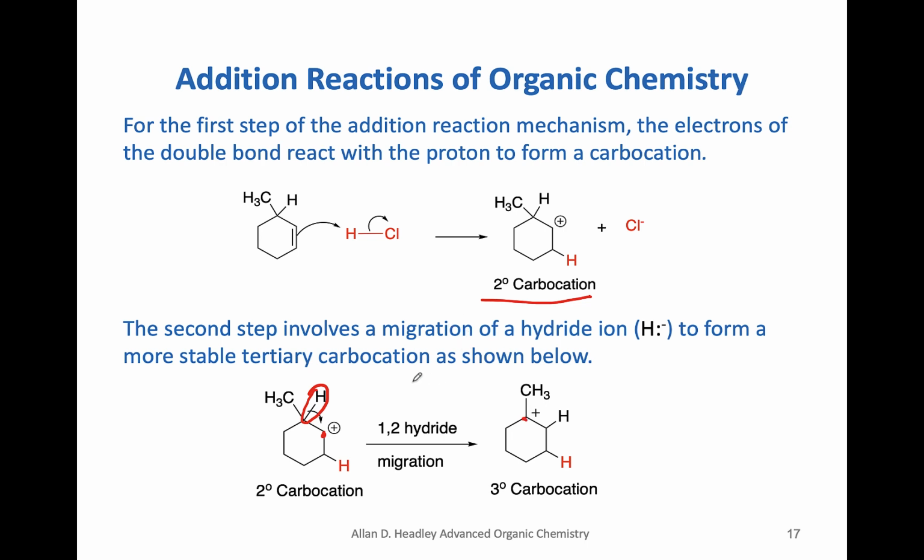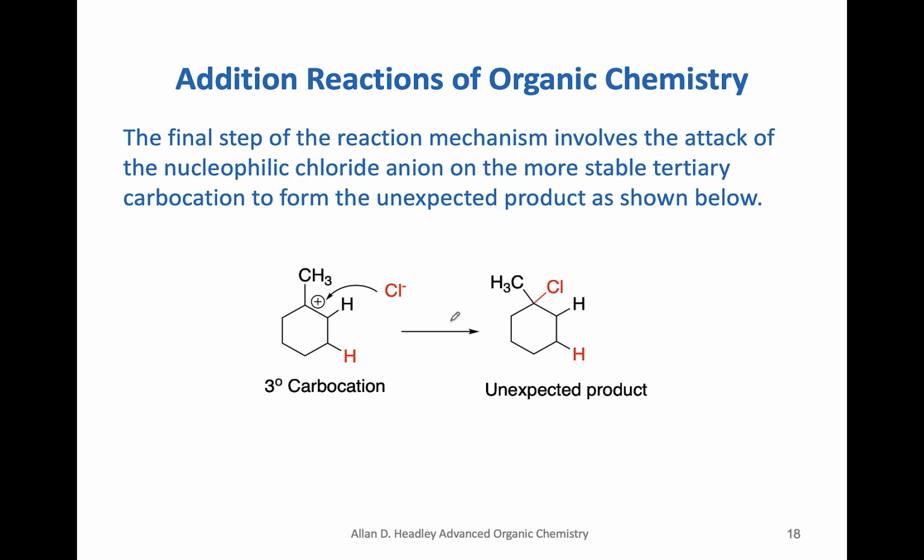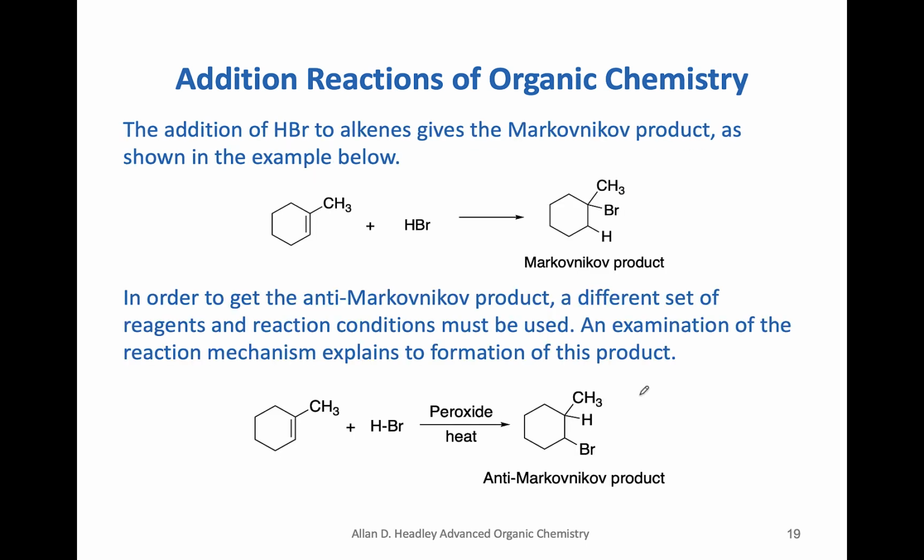You will recall from previous lectures, this is called a 1,2 hydride shift. Why hydride? Because we're moving H with its bonding electrons and leaving behind a carbocation. And of course, what happens next is the nucleophilic chlorine attacks this carbon to give this as the unexpected product. So you should be able to utilize this concept to explain different mechanisms.